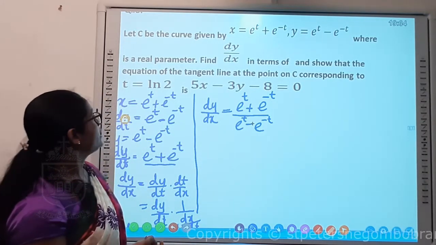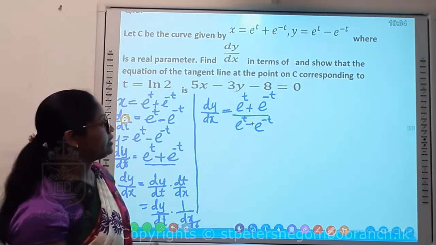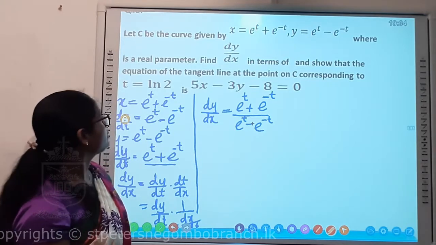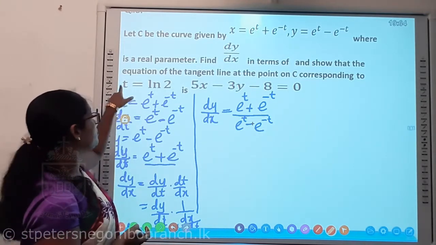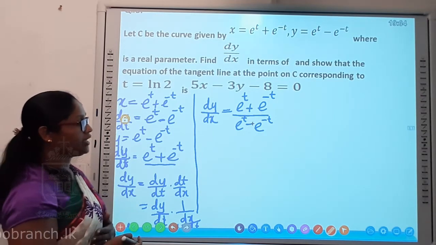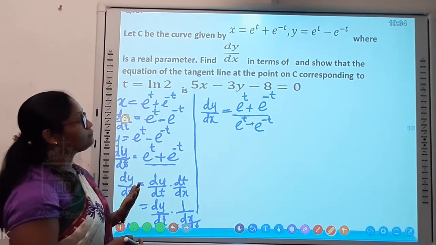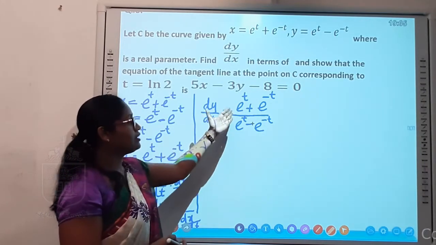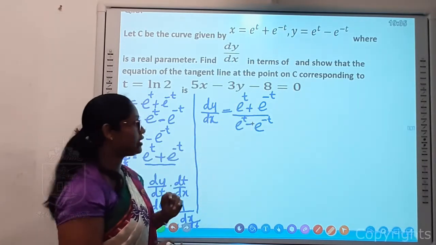Show that the equation of the tangent line at the point C corresponding to parameter t equal to ln 2. To find the equation, we should find the gradient. From this function we can find the gradient.